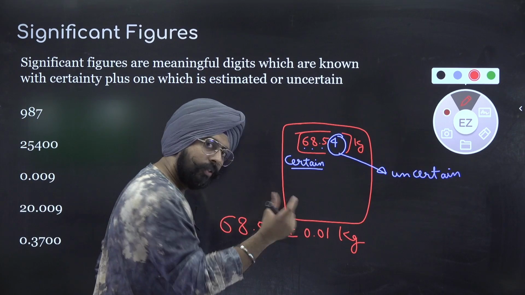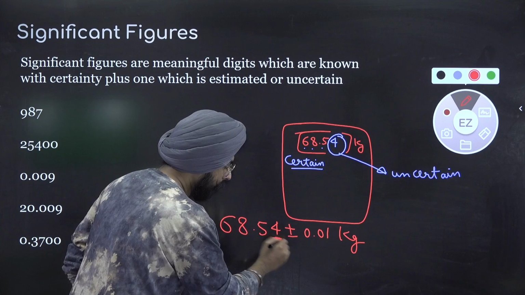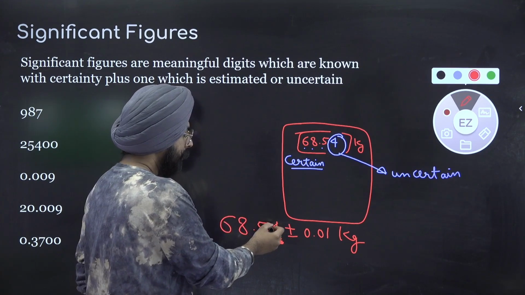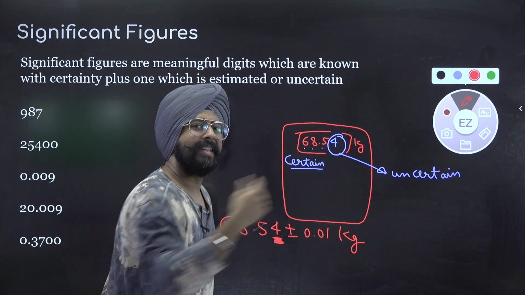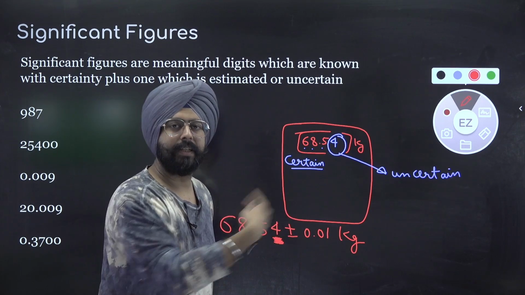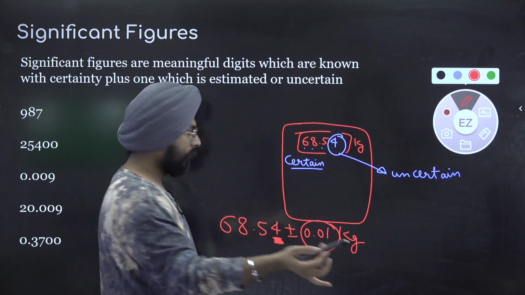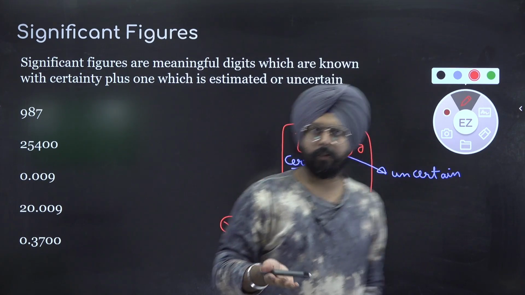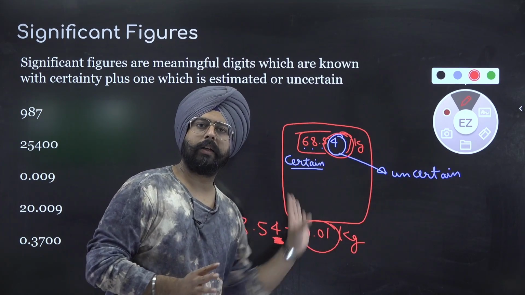There is an uncertainty of 1 in this particular digit. 68.55, 68.53, that is the range. That's the range of uncertainty. So automatically, this uncertain digit is considered with 1 unit of uncertainty. Okay? This is automatic consideration.